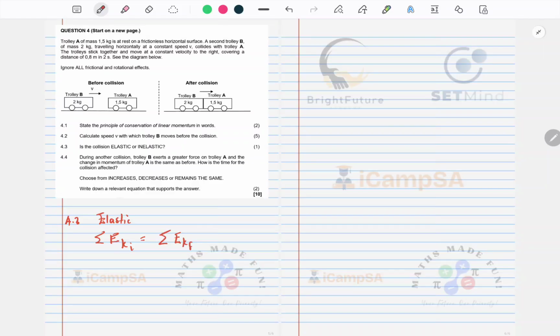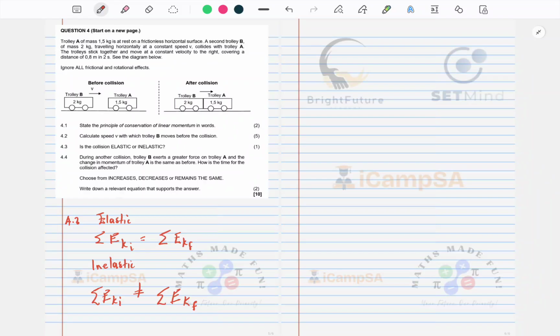Okay, this is elastic. And then inelastic is not going to be equal. But for both these cases, the momentum remains conserved. This is how we're going to determine, but the momentum itself is going to be conserved.